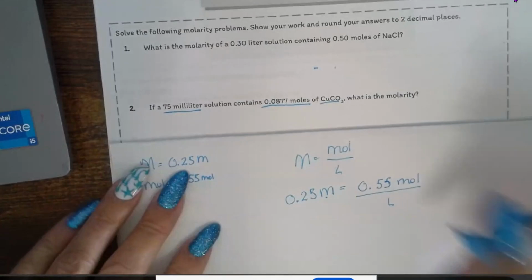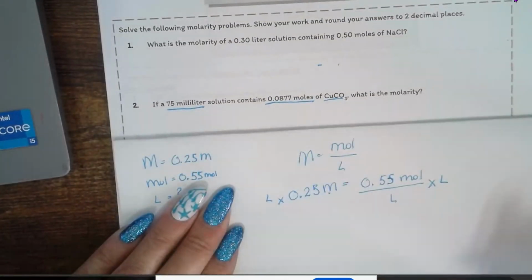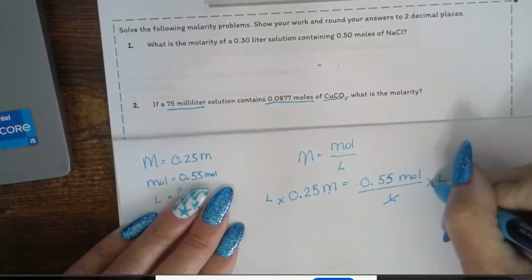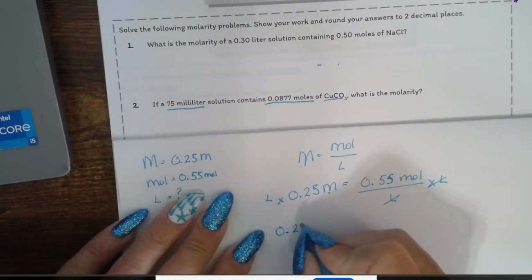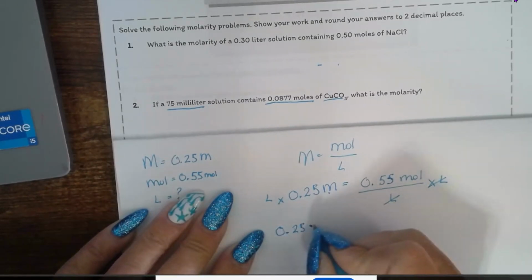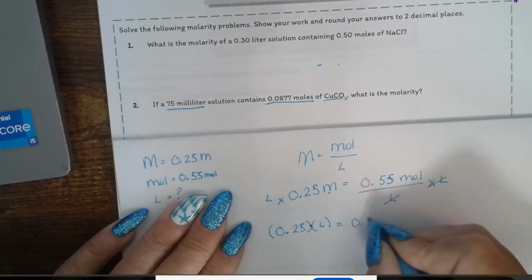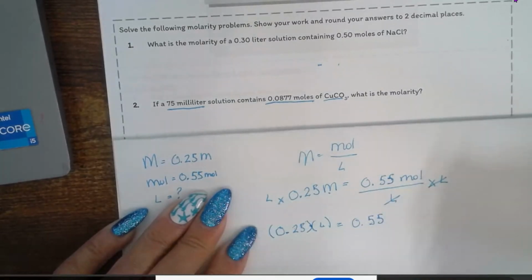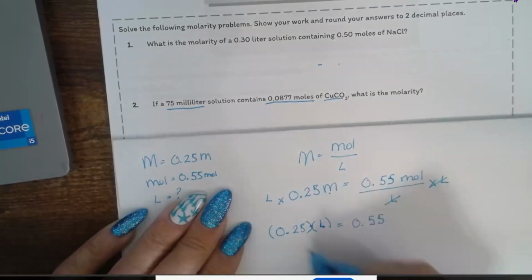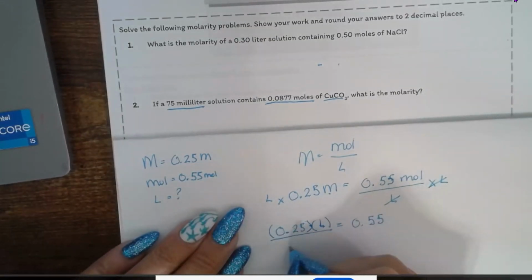All right, I'm going to multiply both sides times the volume. So this cancels out, and I end up with 0.25 times liters is equal to 0.55. Now I want to get liters by itself, so I am going to divide both sides by 0.25.